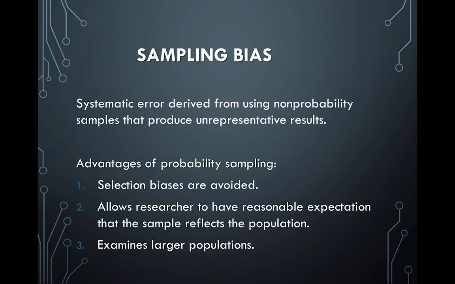So there's a bit of that bias here. But the advantages of probability sampling are pretty straightforward. You try to avoid those selection biases, right? It's not about you making judgments about people to interview or whatever.